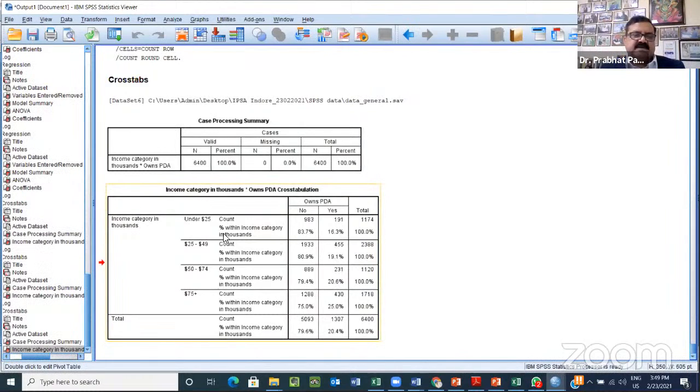And here you can see that if I move higher and higher in the income category, the percentage of people using is 16.3%, 19%, 20%, 25%. As the income increases, the percentage of people using this device increases. It's very simple.